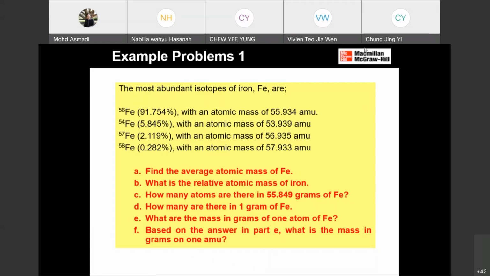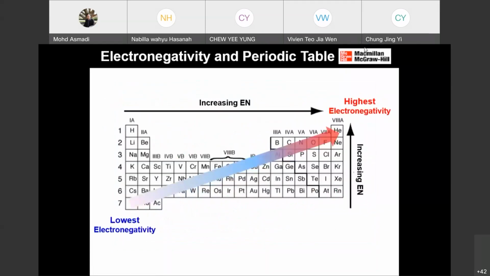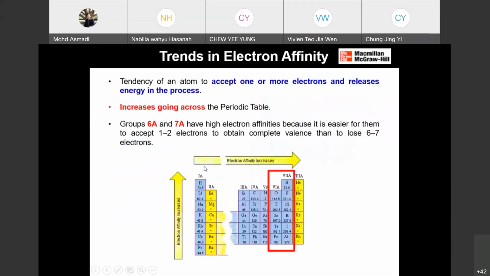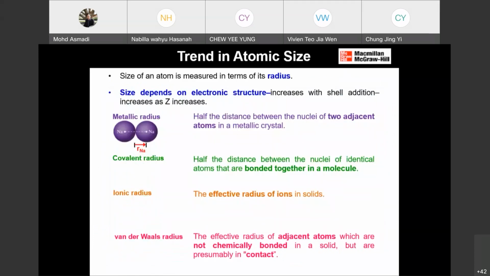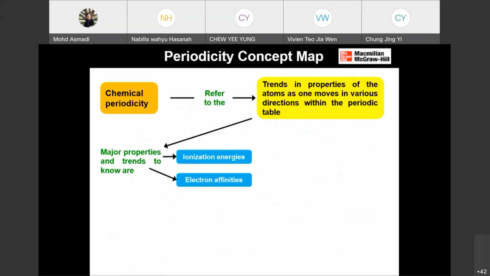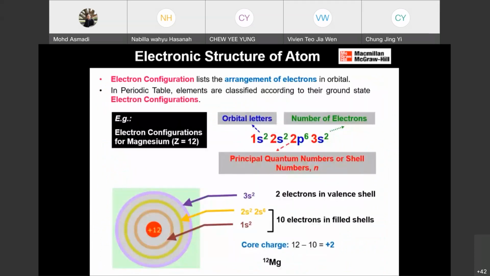Transition metal is another case. That's another group, transition metal. And there's the lanthanides and another group, right? This one is transition metal, 3B until up to here. This is the B group, they are transition metals. And lanthanide and actinide, another group.